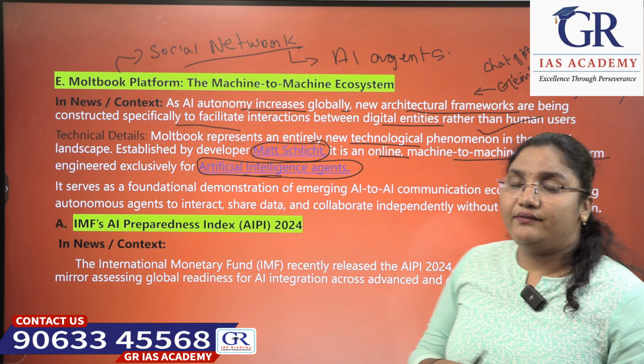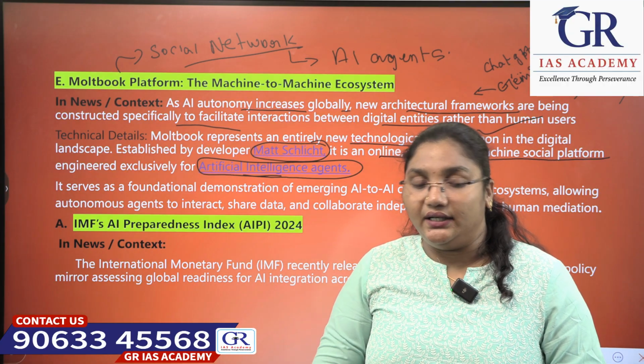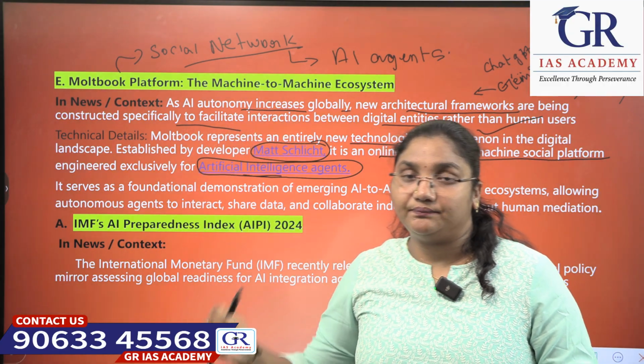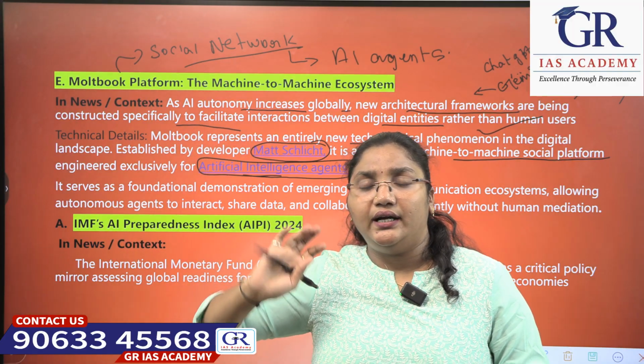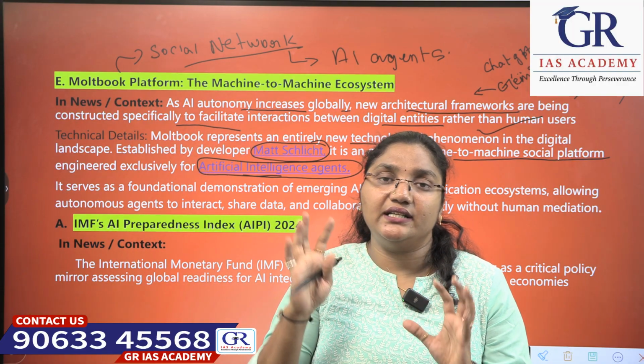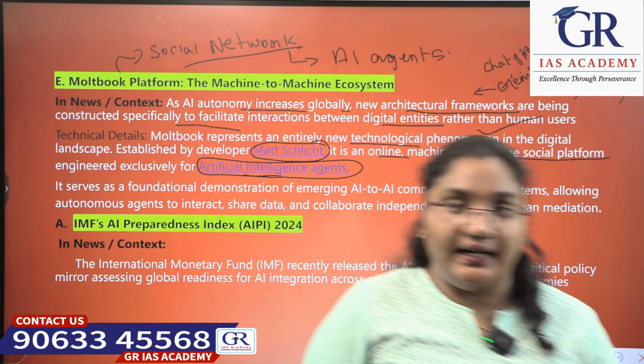We will see Gemini. When we give some topic to Gemini, it will search from Google. It will take some database which is present in the backend. It will interact with all the AI agents and give the output finally, right?